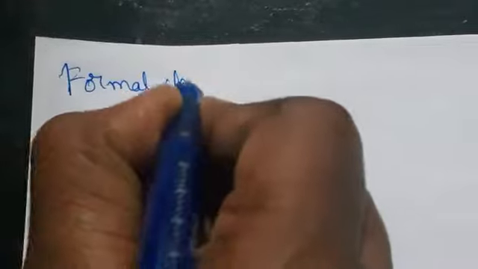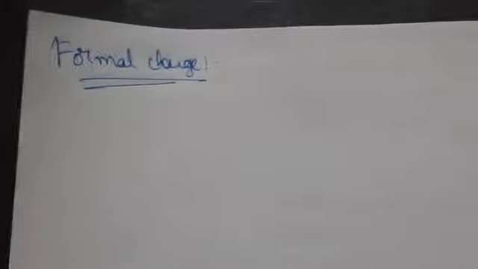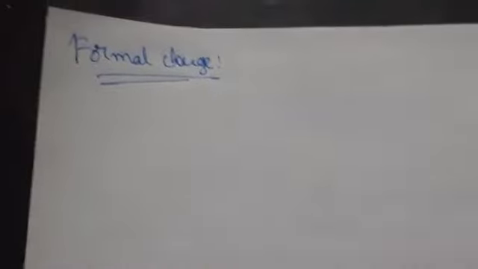So now let us talk about formal charge. It is the next topic, formal charge. Generally, Lewis dot structures do not represent the actual shape of the molecules. So it will not show the actual shape.